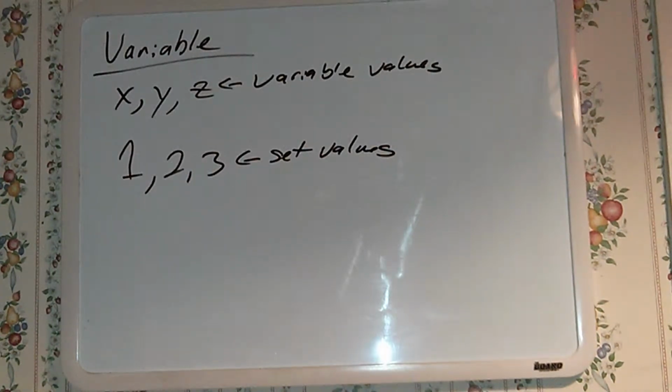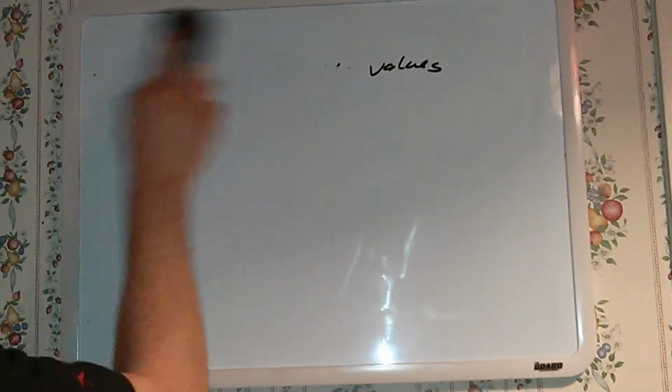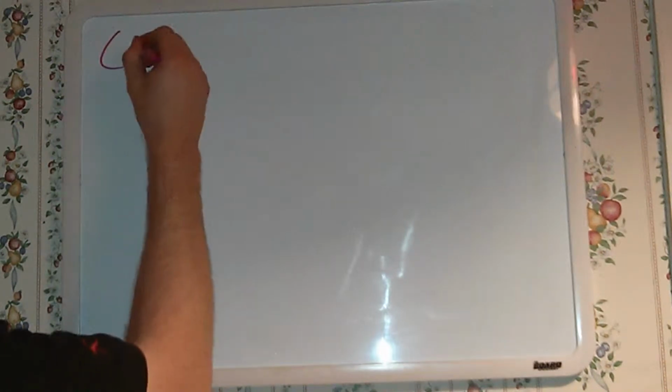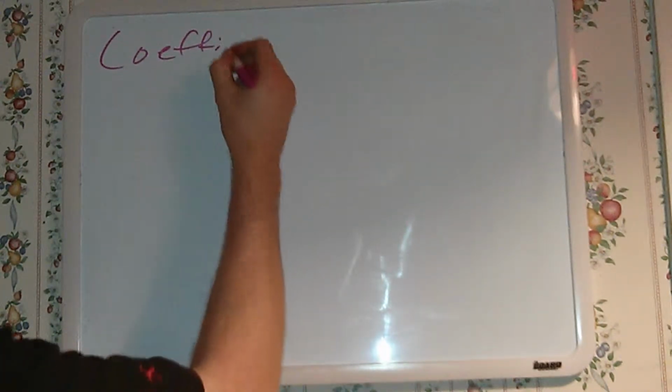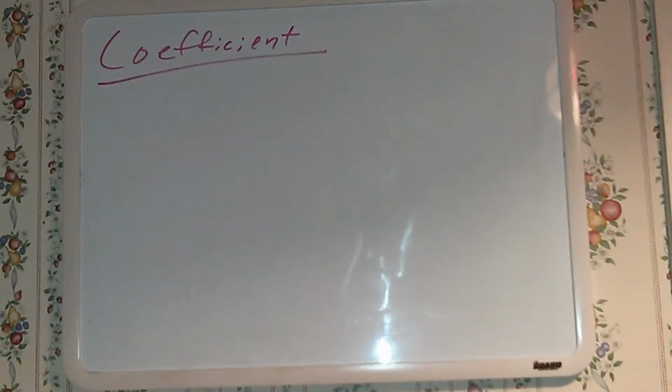Now, to go along with variables comes our next term. Coefficient. And this one's a tricky one to spell. C-O-E-F-F-I-C-I-E-N-T. The first time I spelled it, I left out one of the I's.